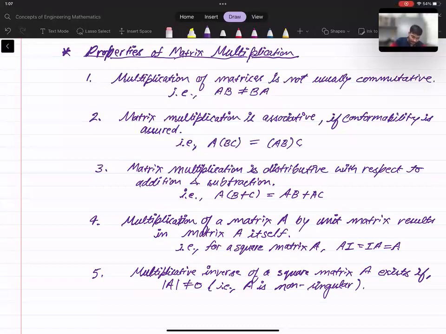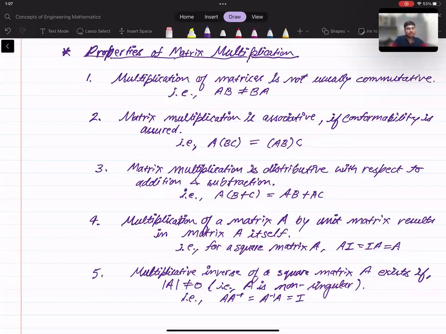And thus, the relation which comes out is the multiplication of a matrix with its multiplicative inverse, or the multiplication of the inverse of a matrix with its original matrix, is the identity matrix, meaning the result is the identity matrix. So this is one of the properties.